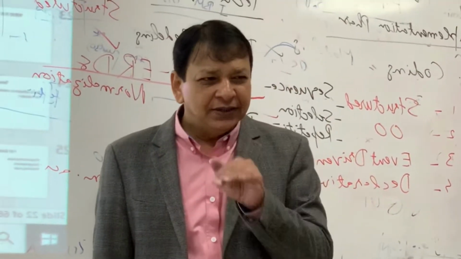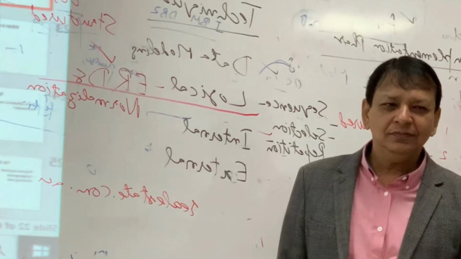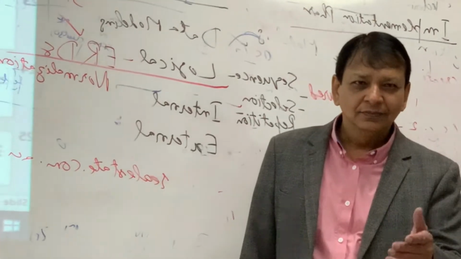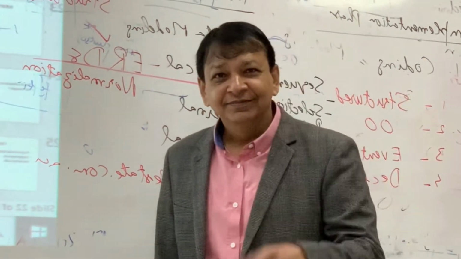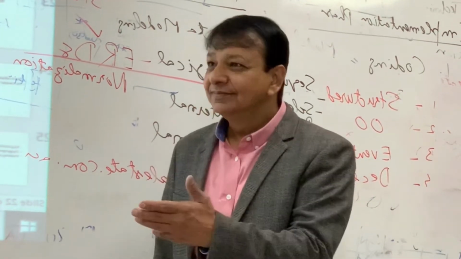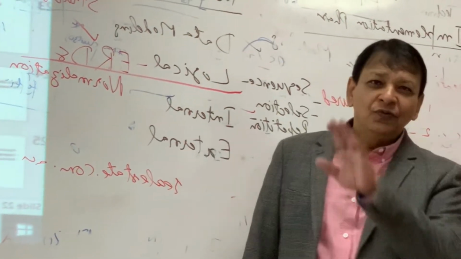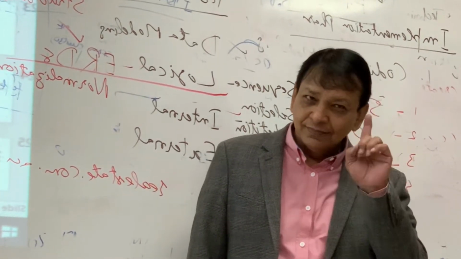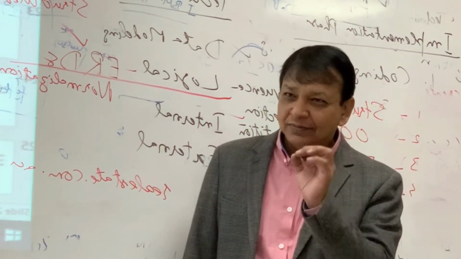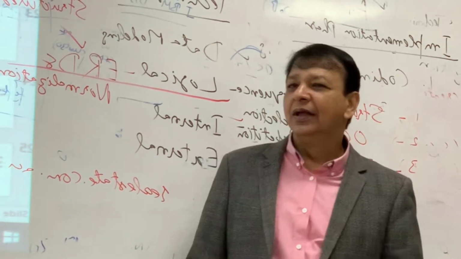How many steps are there to write code? There are 4 steps to write code. I am telling you the key.